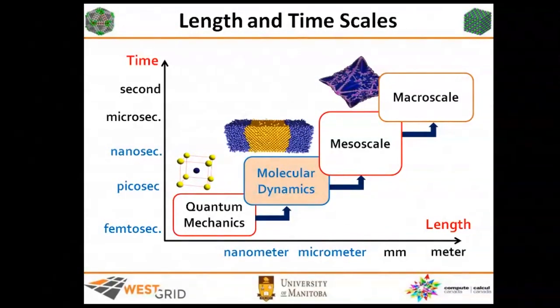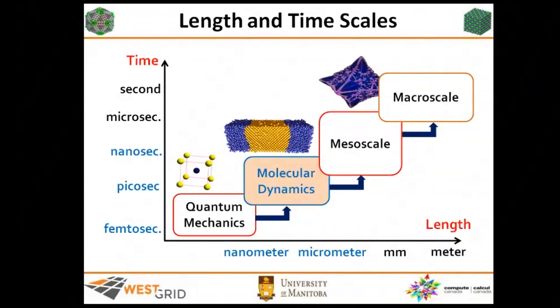If you want to increase the number of atoms more than 400 or 1000, you have to go to molecular dynamics simulations. So molecular dynamics simulations are based on, we'll see later, a force field and some parameters. In MD simulation, we use some parameters that come from experiment or quantum calculation to set the force field.